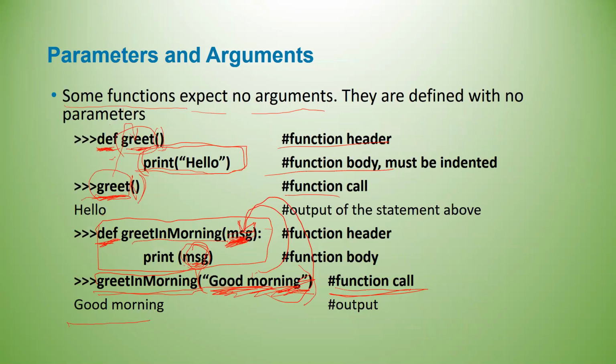Okay, so any questions? I see some chat there. So what is it? To put colon if there is no parameter. Okay, remember, even if you don't have any parameter, oh, I see what you are saying. Very good. I made a mistake there. Let me change that. Thank you.